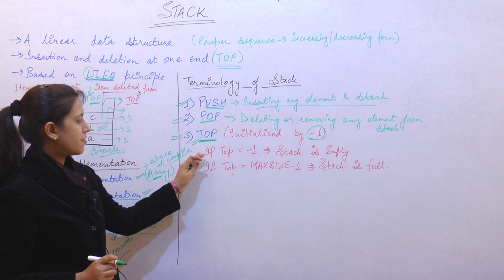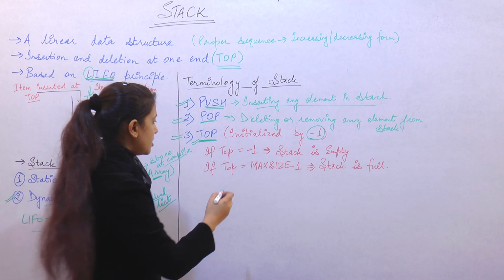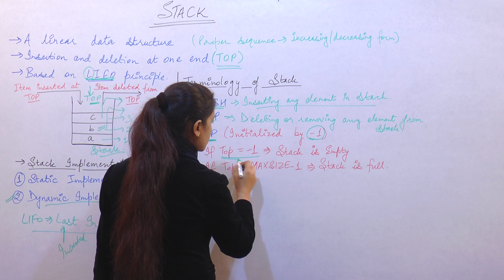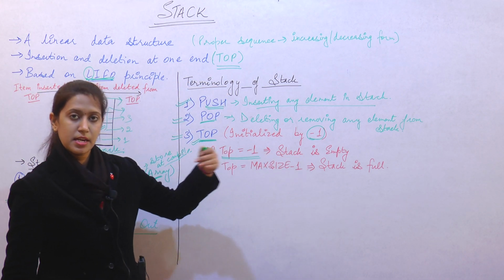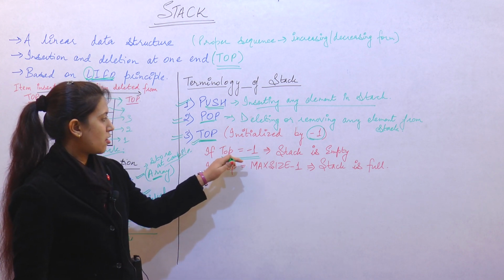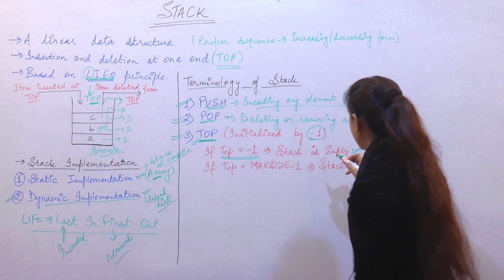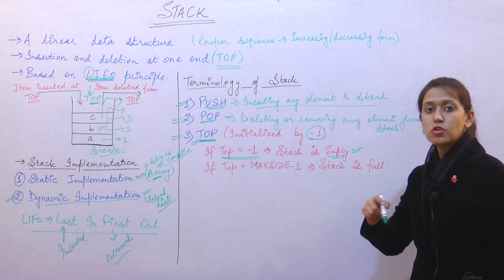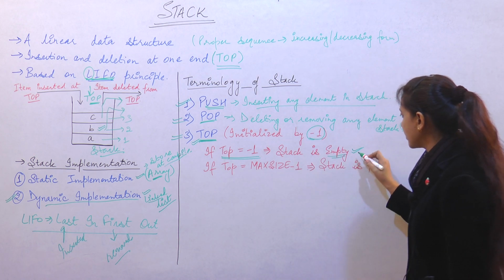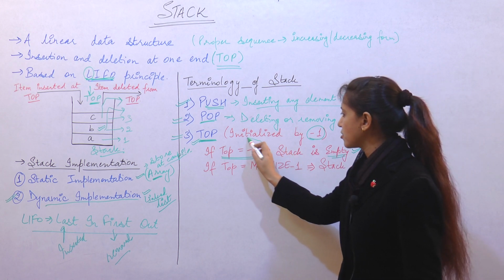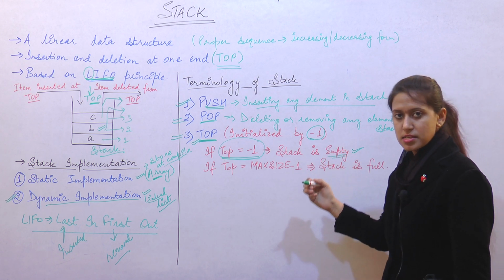The second condition is if top equals -1, that means the stack is empty. That the stack is empty means there is no data element present in the stack. That's why we call it stack is empty. So top equals -1 will always indicate that our stack is empty.